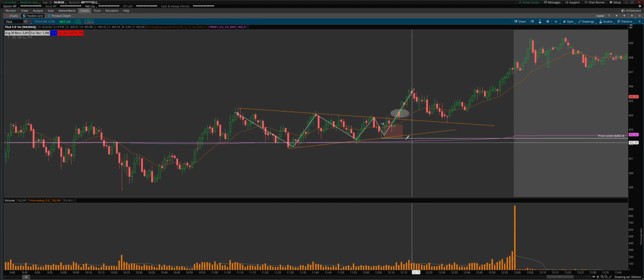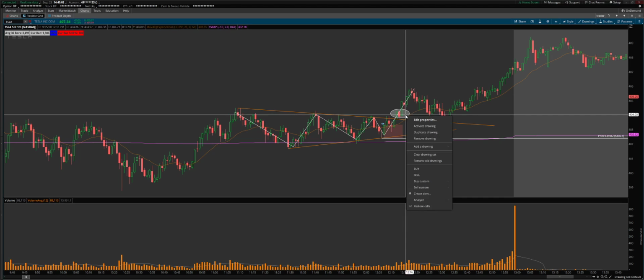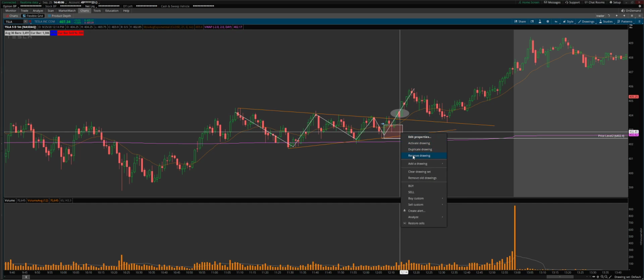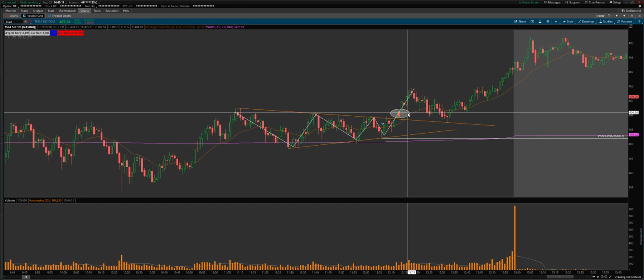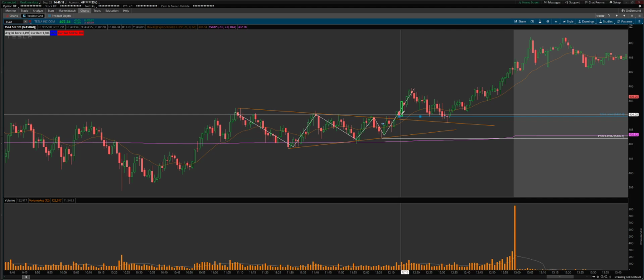So this is what I mean. If you would have waited to get in here, your proper stop would have had to have been the previous pivot low. Because if you're just making your stop right below where you entered, that doesn't make sense, because you gotta give the trade some room to breathe.